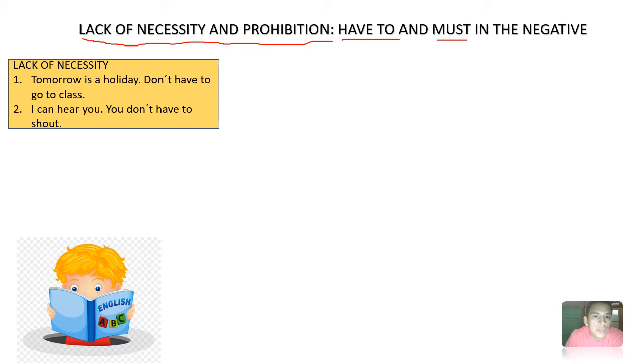In the first one, you can see that there's a lack of necessity. Tomorrow is a holiday, so you don't have to go to class. And the second one, I can hear you. There's something that is happening very well, and there's no need to repeat something, because the person can hear you.